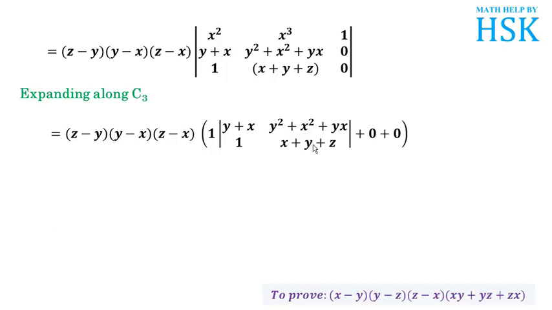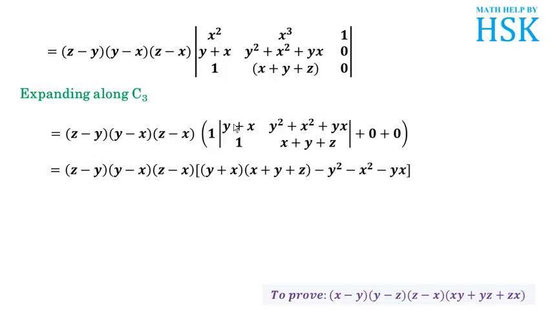Further, on solving this determinant, I am going to obtain these terms as it is, and y plus x into x plus y plus z minus 1 into y square plus x square plus yx, that is minus y square minus x square minus yx.